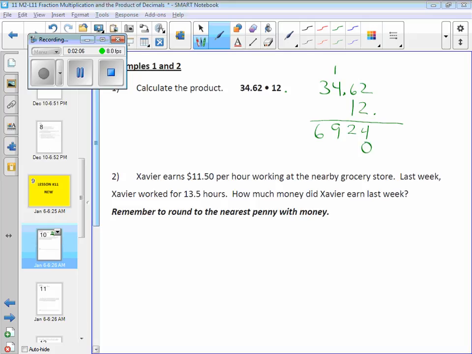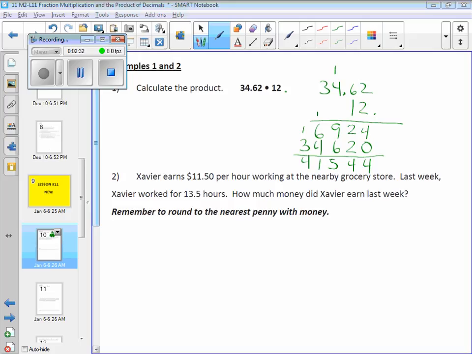Don't forget the little placeholder 0. 1 times 2. 1 times 6. 1 times 4. 1 times 3. 9 plus 6. 6 plus 4 plus 1. 3 plus 1.